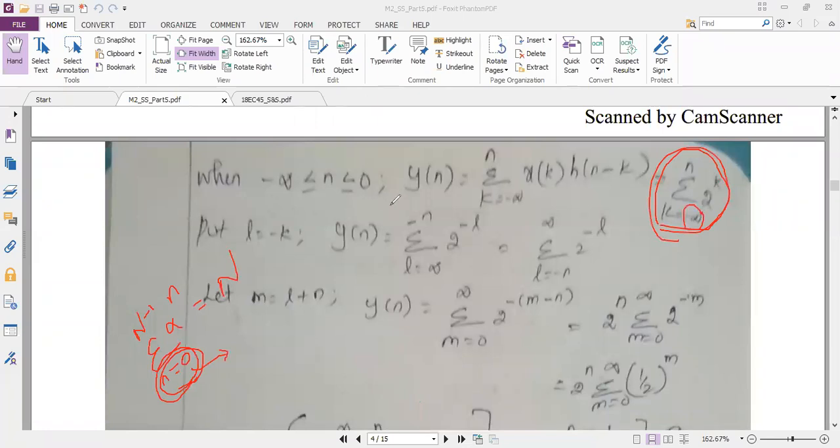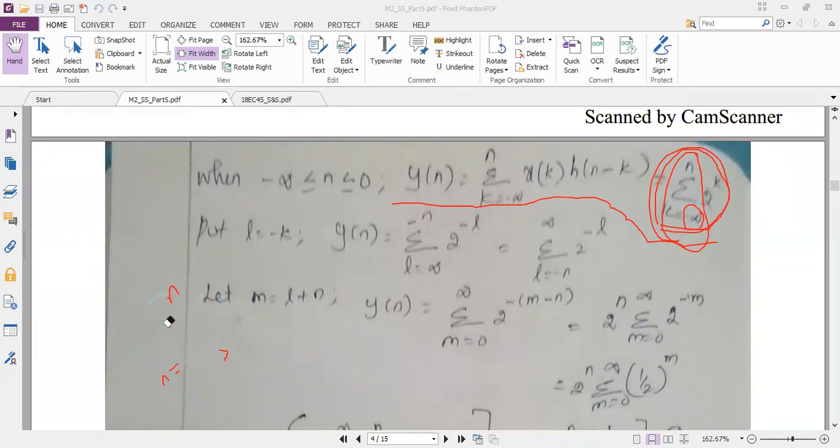So after this equation y of n equal to summation k equal to minus infinity to n of 2 power k, my work is to write this summation in the proper format so that I can apply the existing formula and get the simplified answer.